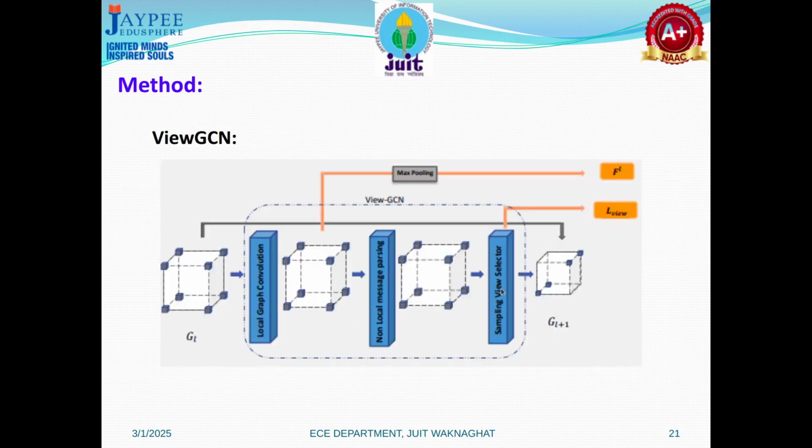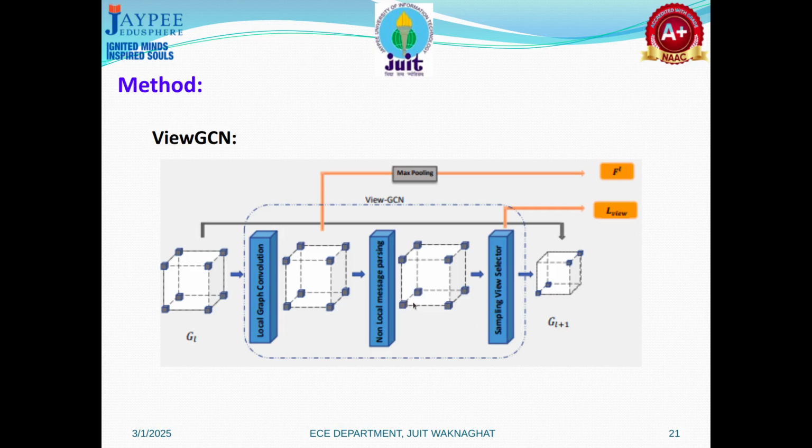This ViewGCN consists of 3 main modules: local graph convolution, non-local message passing, and then sampling view selector. The local graph convolution does graph convolution for each node's features and then updates it based on its neighboring features, and the non-local message passing updates each feature based on its relationship with every other feature in the graph.